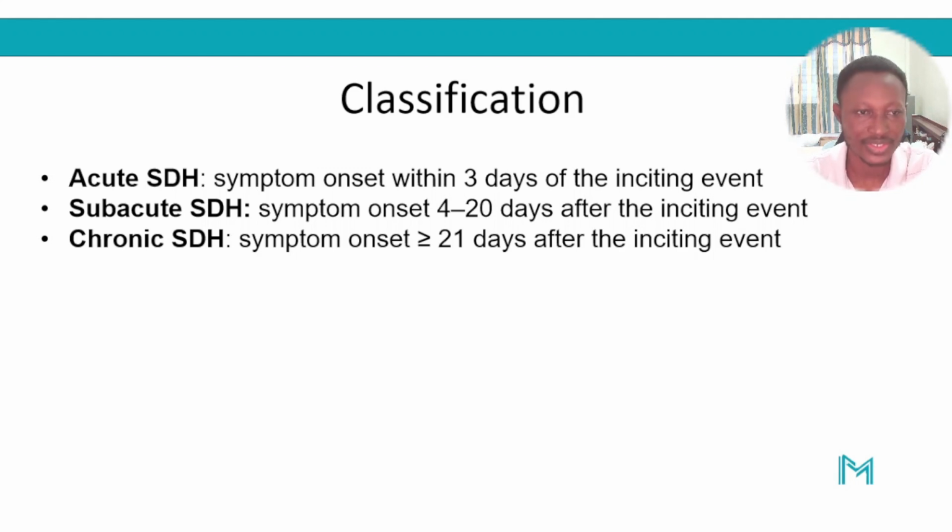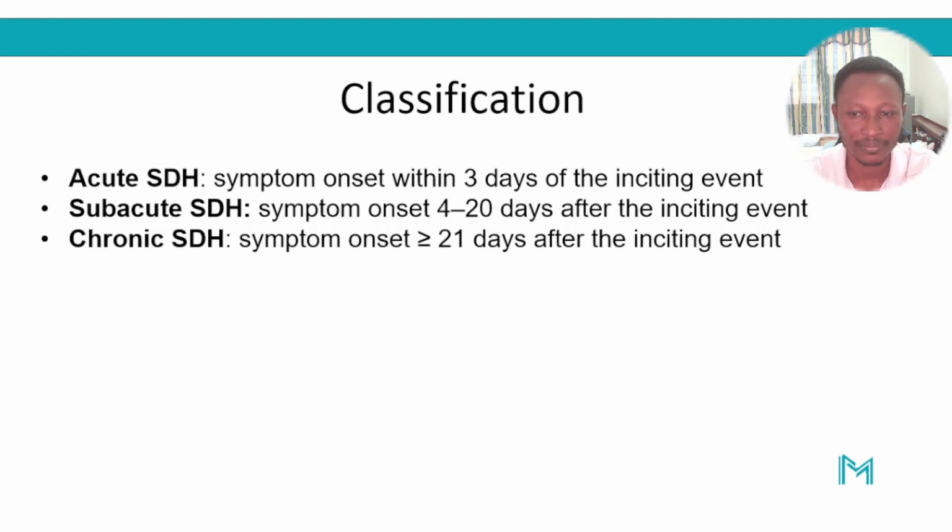So SDH can be classified as acute, that is, the onset of the symptoms is within 3 days of the inciting event, so within 72 hours. We have subacute SDH, which is symptoms occurring within 4 days to less than 3 weeks of the onset of the inciting event. And you have chronic SDH, which typically presents with symptoms after 3 weeks of the onset of the inciting event.